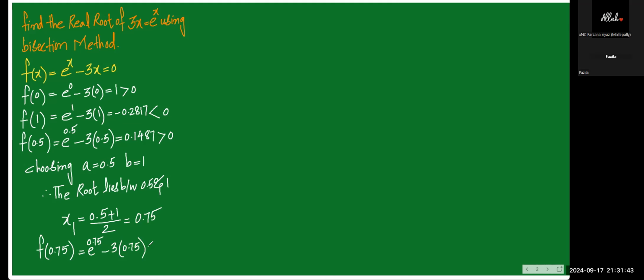Then can you tell me the answer? If less than 0, it replaces b; if greater than 0, it replaces a.